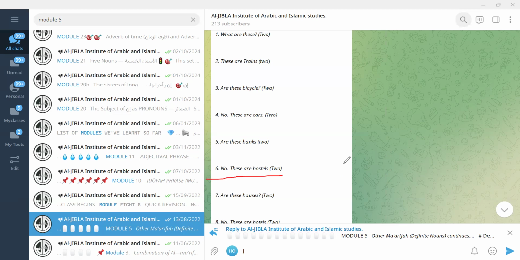First of all, let's have the option that I gave in class, and then if anyone has another option for how to say hostels, we can have it. Two hostels. How do we say them?